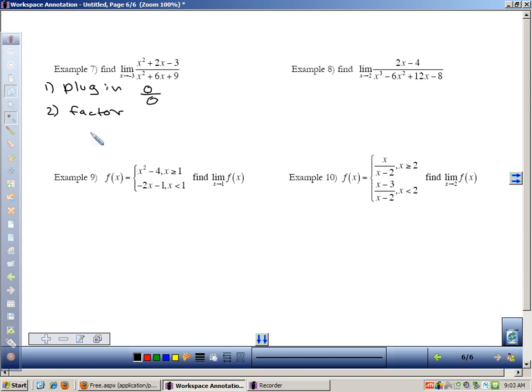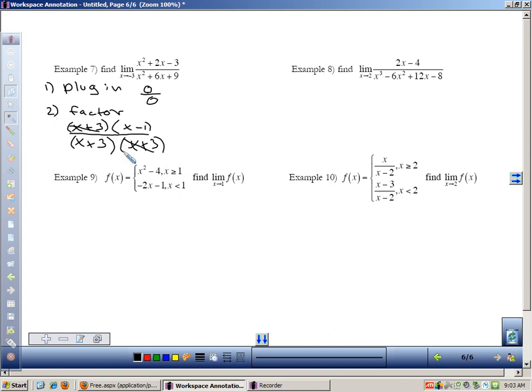If I factor this, I get x minus 1 times x plus 3 over x plus 3 times x plus 3. So I cancel an x plus 3.